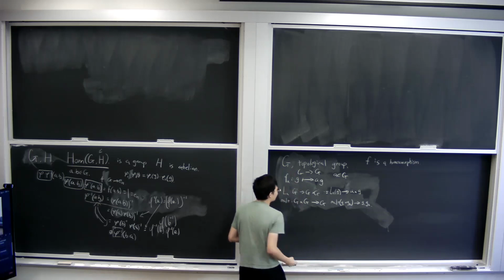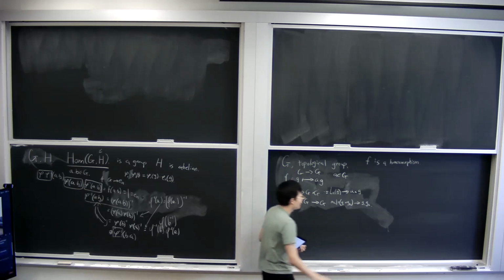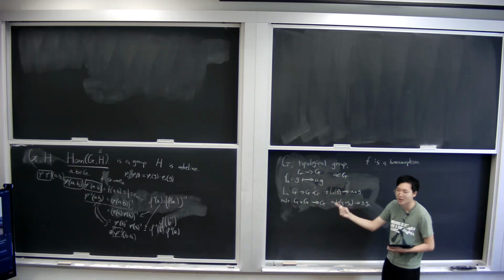So their composition is again continuous. And from here, we can use this property to prove a lot of things.